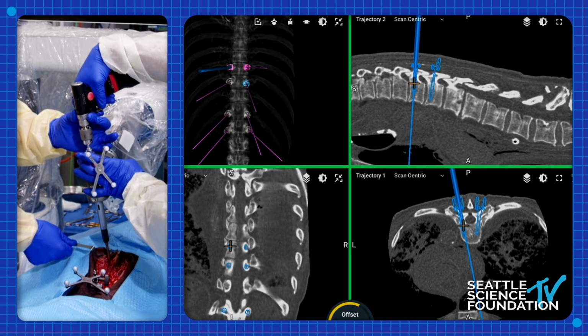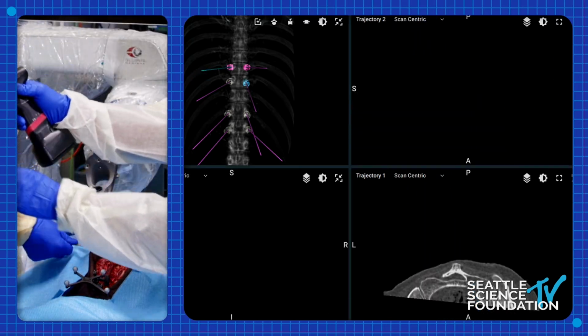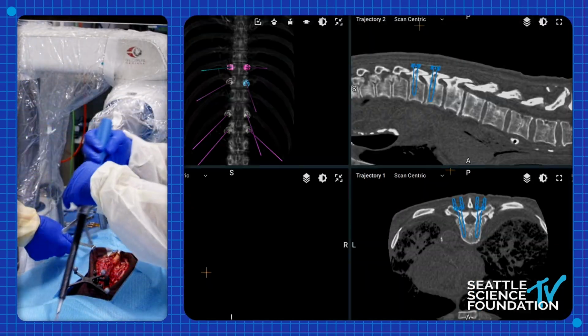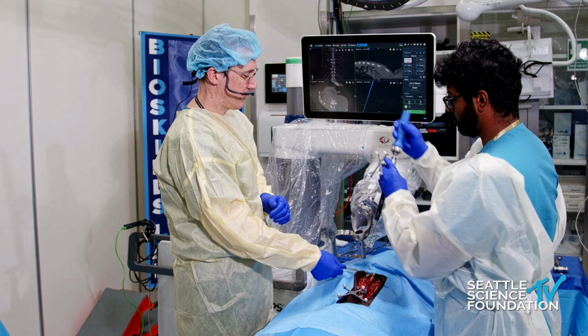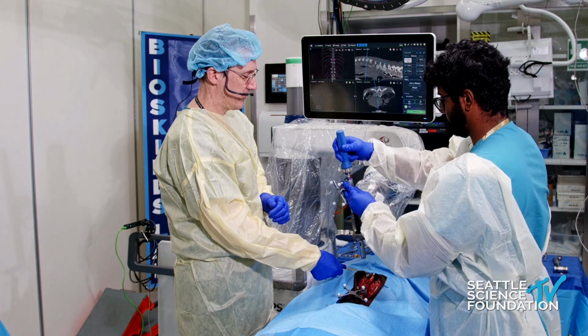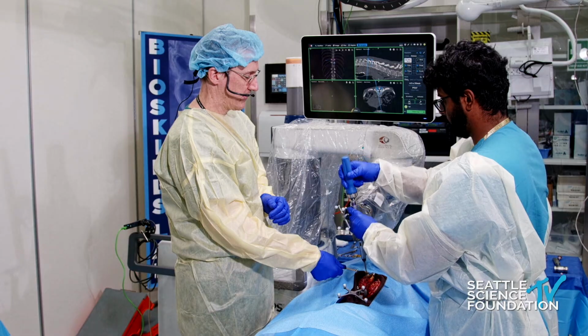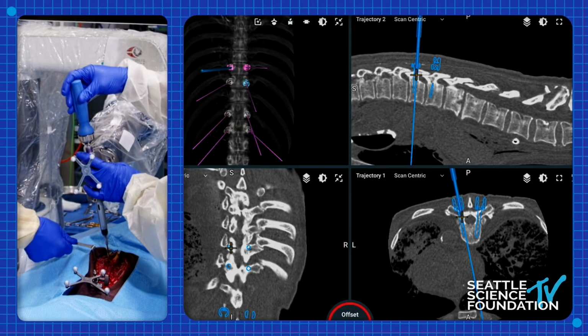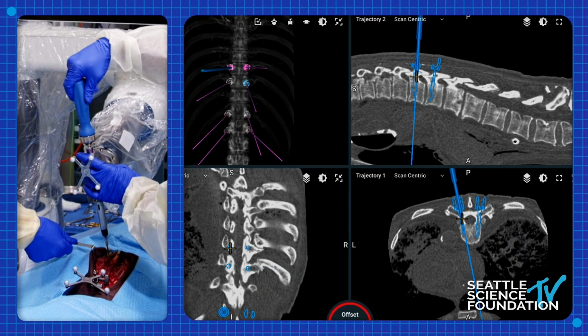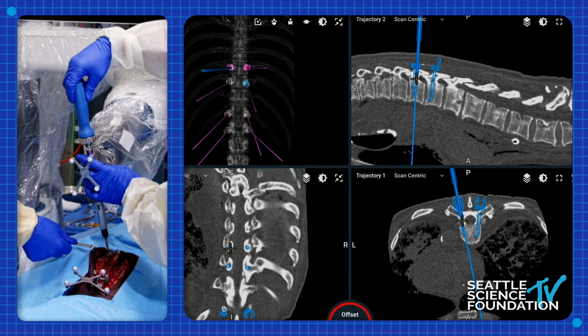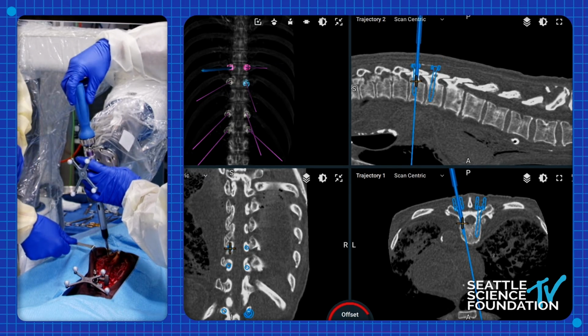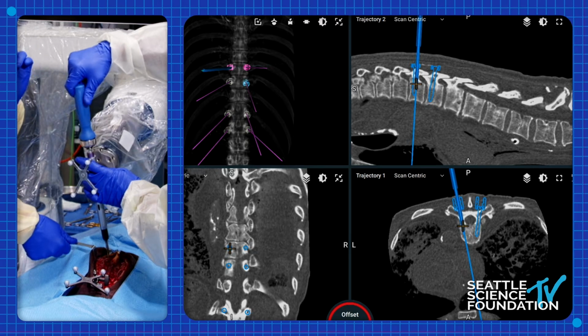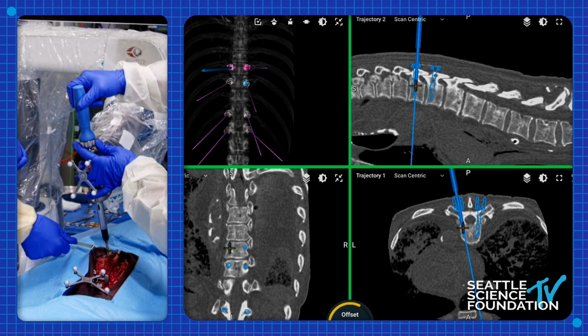All right, let's get the tap. And if I'm concerned about purchase, I will usually just do the very start of the hole.